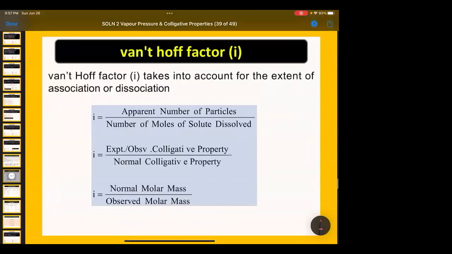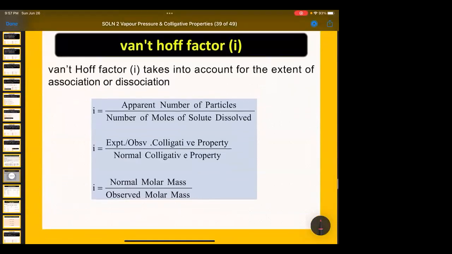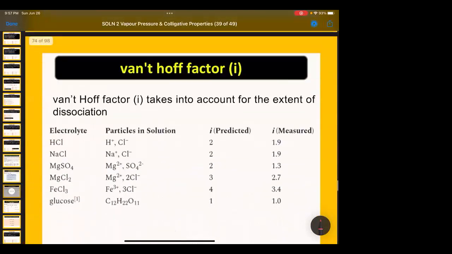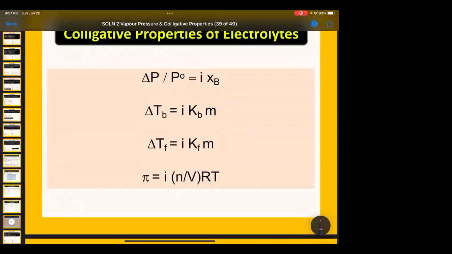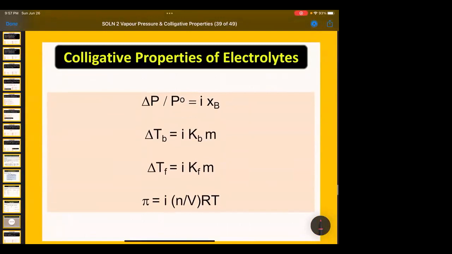This i is known as the Van 't Hoff factor. The colligative property formulas remain the same as we discussed earlier, but you need to multiply those formulas by i.